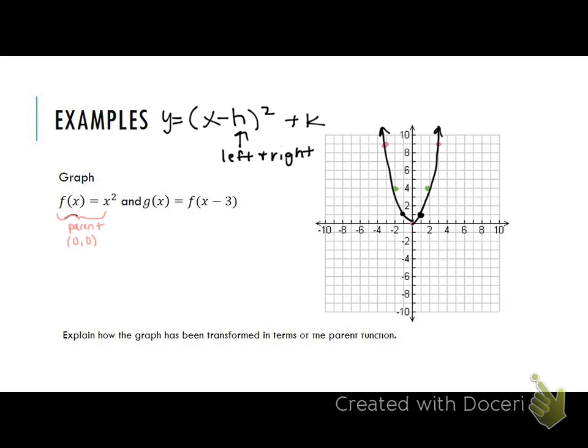So instead of this going left, it goes right. So this is saying we are going to translate all of our points right 3. So I'm going to take all of my points and translate them right 3.